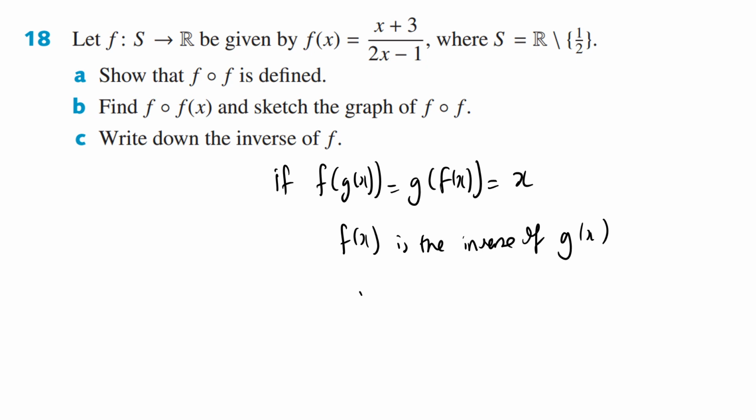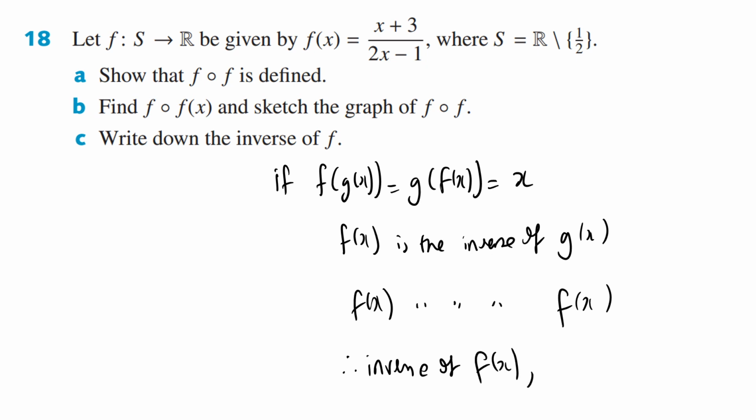So we can say that f of x is the inverse of f of x. Oh, what that means is we've already got the answer sitting in front of us. Therefore, the inverse of f of x, i.e. f minus 1 of x, is equal to x plus 3 over 2x minus 1. Okay, that one was easy, wasn't it?